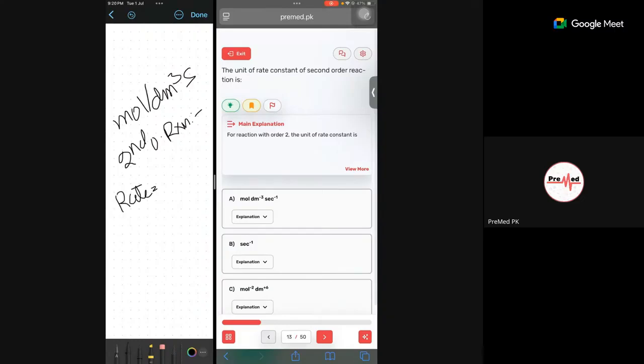Rate is equal to K, which is the constant, and we have A square, which shows us the second order reaction. Now we have to find the unit of the rate constant, which is K. So when we have to find K, we will use rate divided by A square.